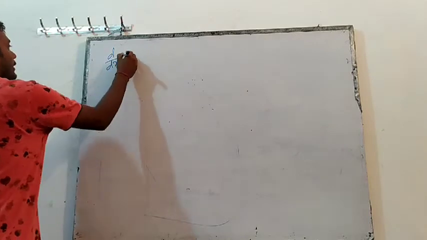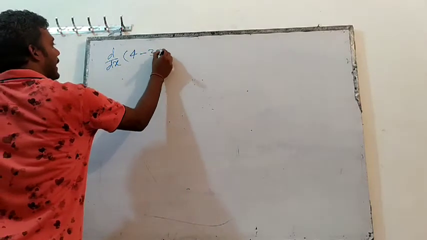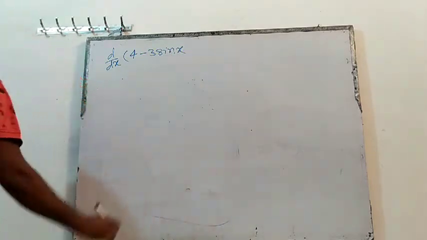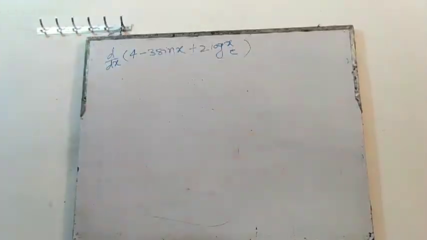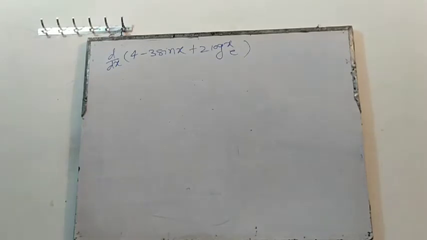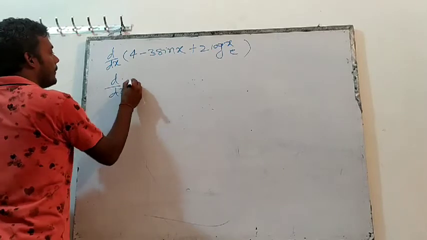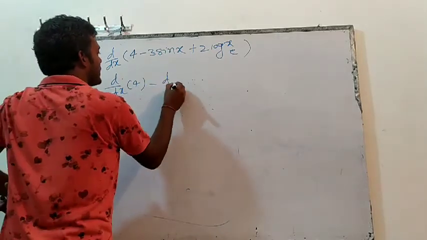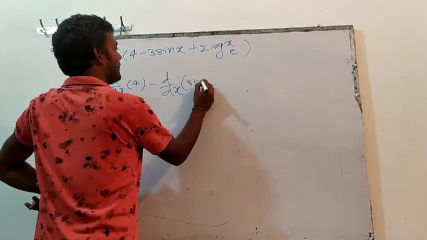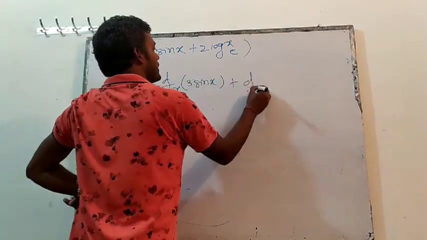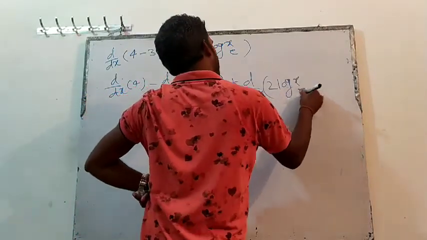Take the question: differentiation of 4 minus 3 sin x plus 2 log x base e. First try to differentiate it by yourself. How can we write this? We will separate this: first we will write differentiation of 4 minus differentiation of 3 sin x, and then plus differentiation of 2 log x base e.